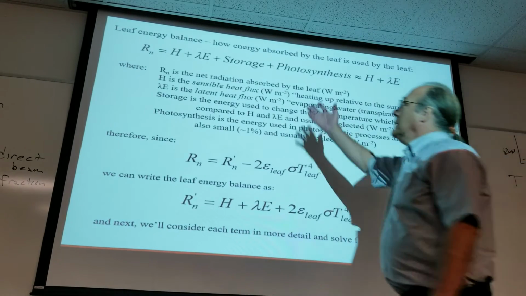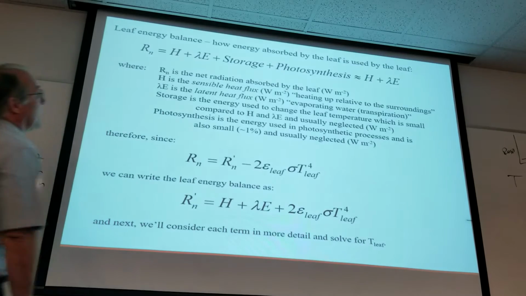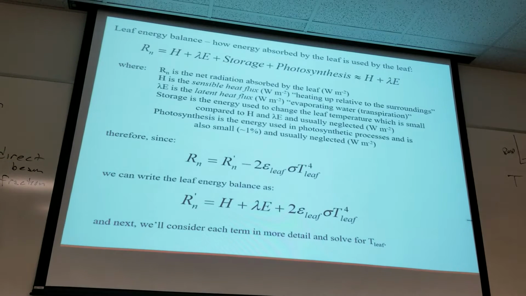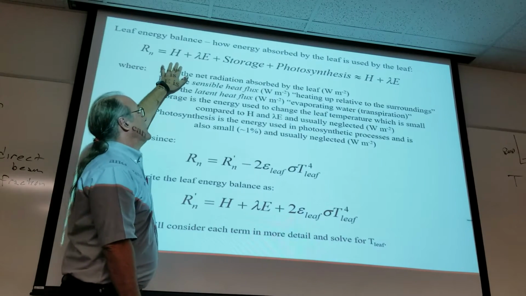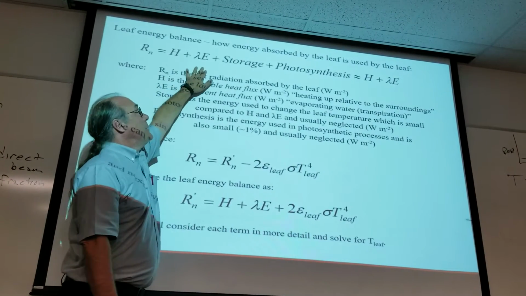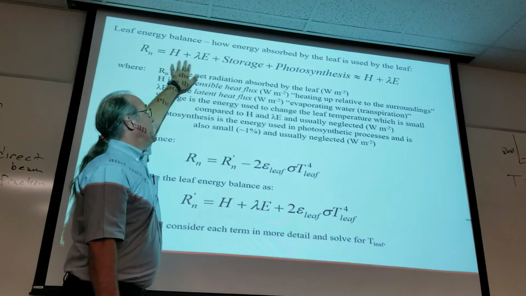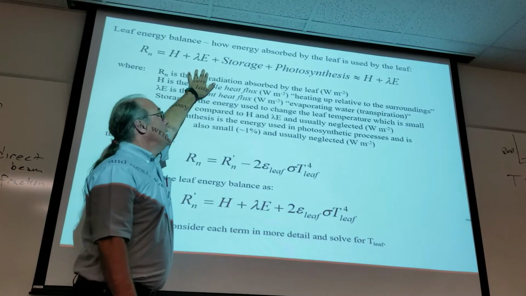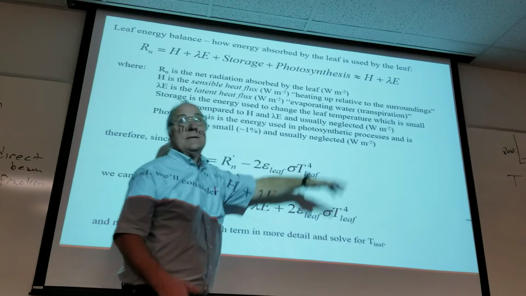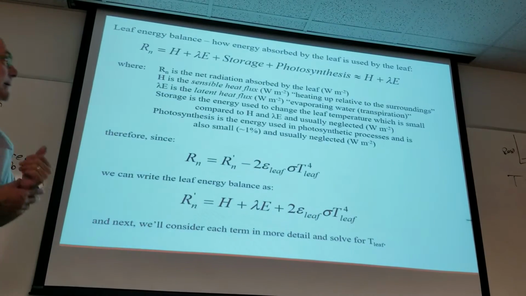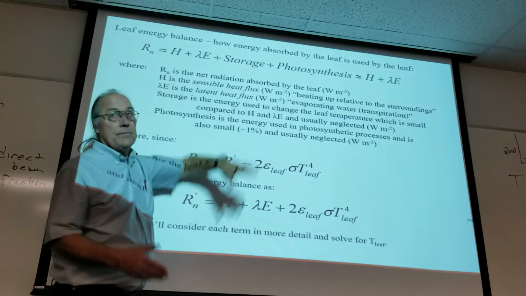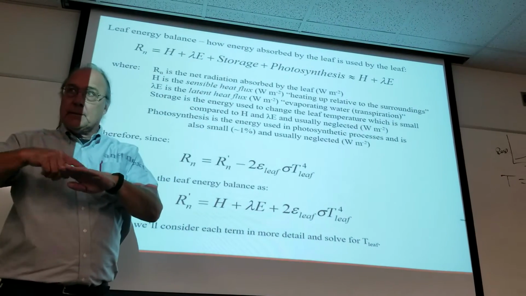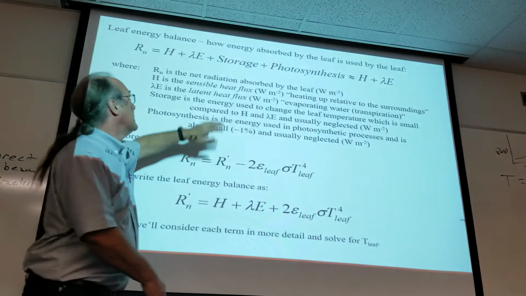Now, leaf energy balance, how is that radiation absorbed by the leaf used by the leaf? Okay, well, that net radiation is split into H plus lambda E, the sensible heat flux plus the latent heat flux, plus storage plus photosynthesis plus some minor things. H is the sensible heat flux based on the difference in temperature between the leaf and its surrounding.